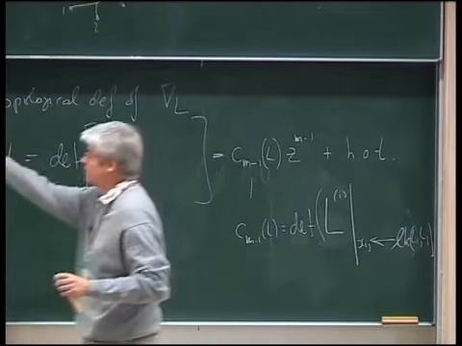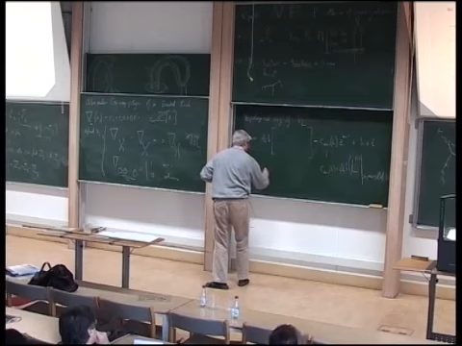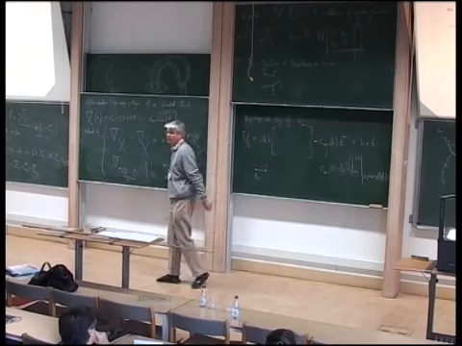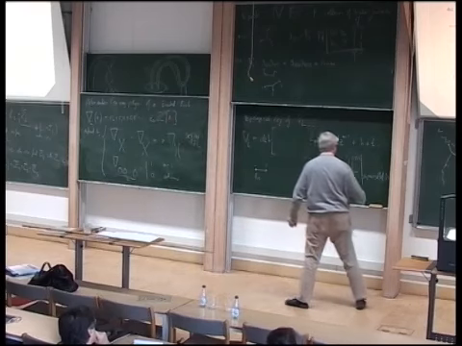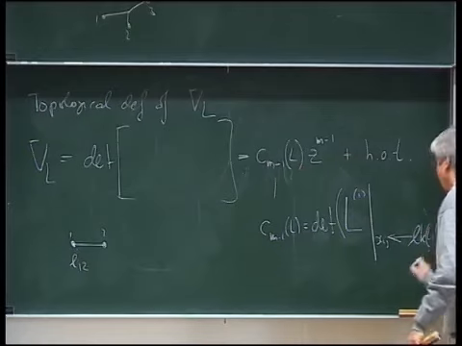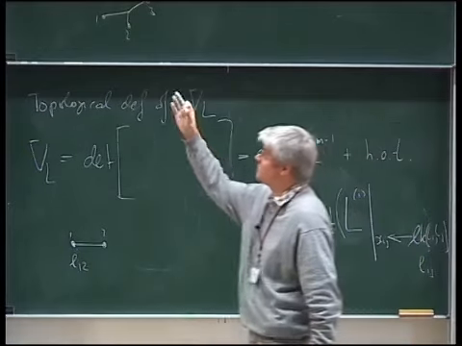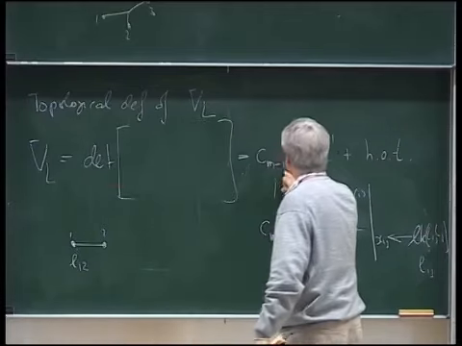For this 2-component link, we just have the linking number L12, which in our example was 1. So the coefficient of z is just the linking number, but then there are higher ones.